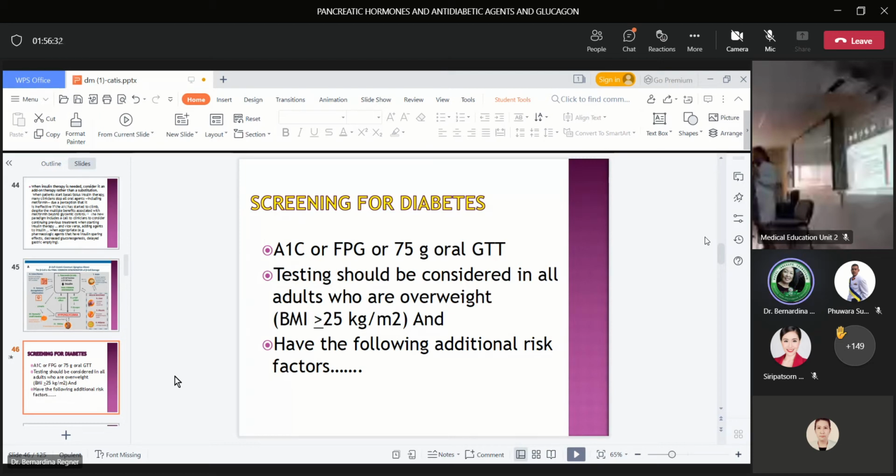Now, testing should be considered in all adults who are overweight. That means BMI equal or more than 25 kilos per meter square. I know in your biochemistry you have been told how to compute your BMI.